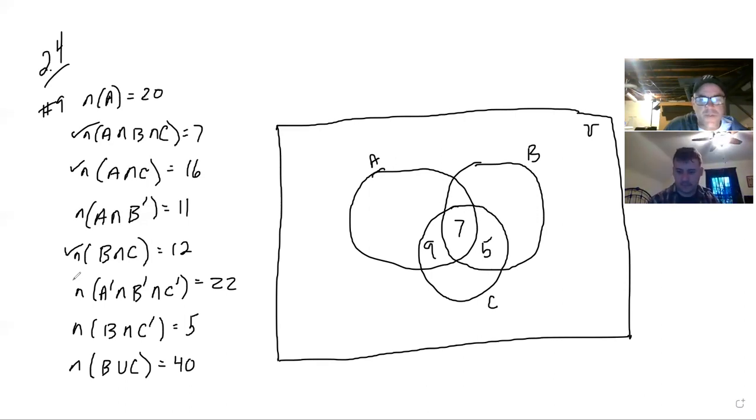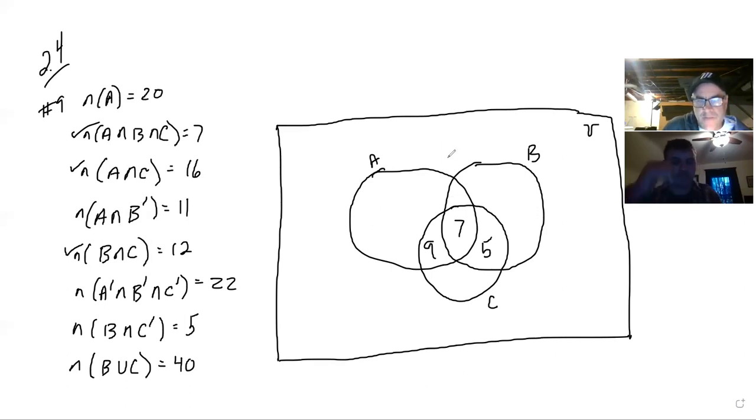So let's see what else we have to use. Now, if I look at this one right here, it's A intersect B complement. Remember, that would be the overlap of A, so it'd have to be in A, and everything outside of B. So B complement.